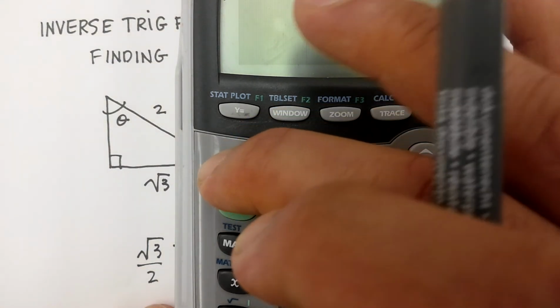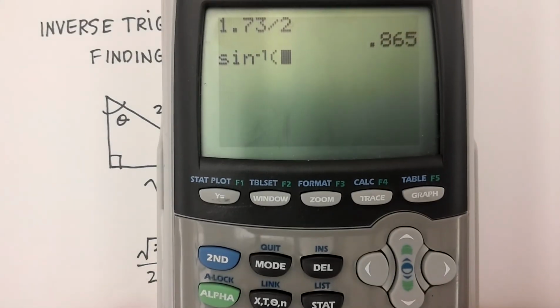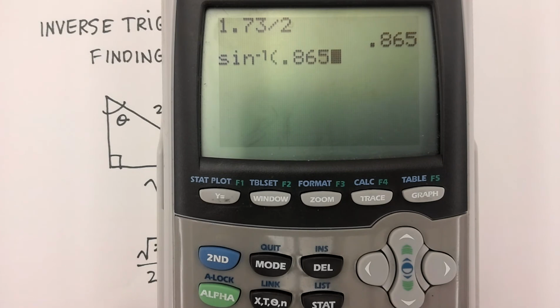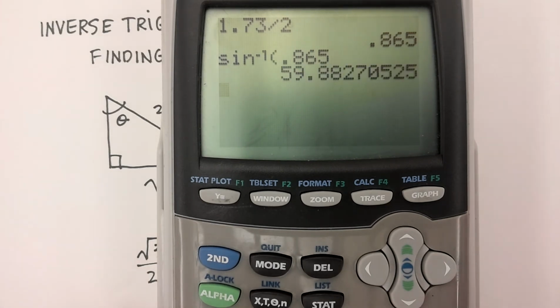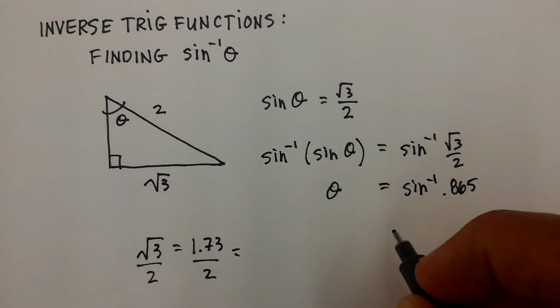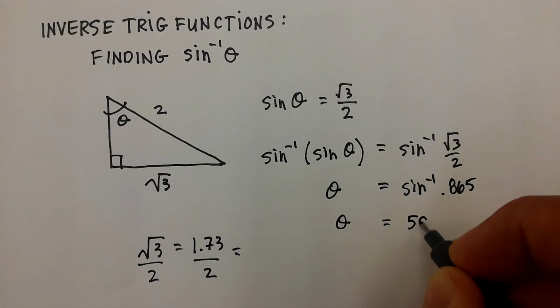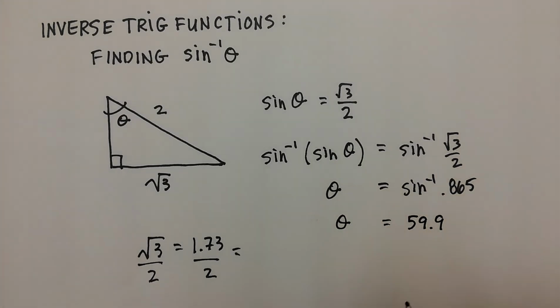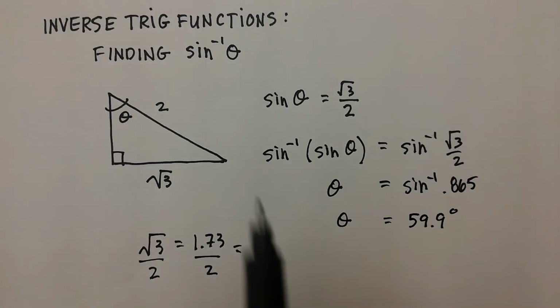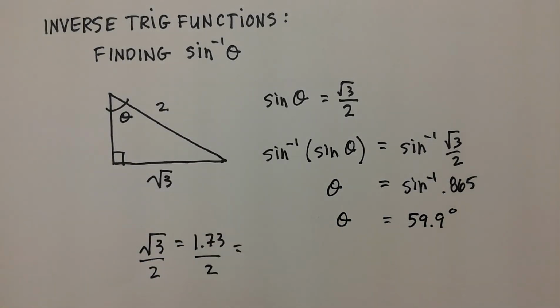So to access that, you go second sine, and then that's what shows up, and then put in 0.865, enter. 59.88. So theta is actually equal to 59.88 or 59.9 degrees. And that's how you find the inverse trig function using sine. Hope that was helpful.